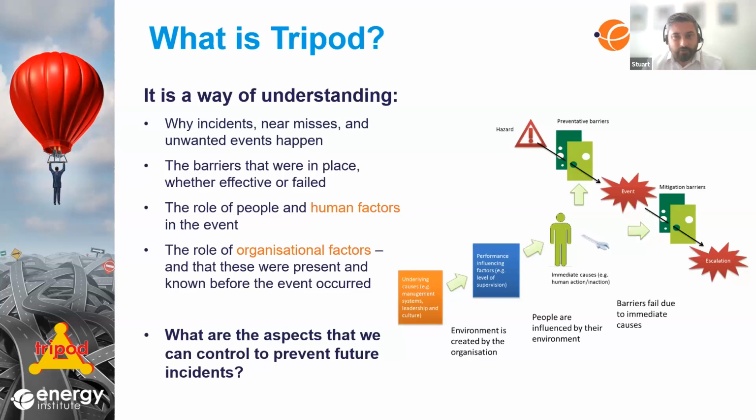So that's essentially what the tripod model is all about. But key to tripod is understanding what were the aspects within an incident that we can actually control in order to prevent future incidents. We can't control every aspect. We can't control, for example, people directly and what people do, but we can control the environment that people work within.